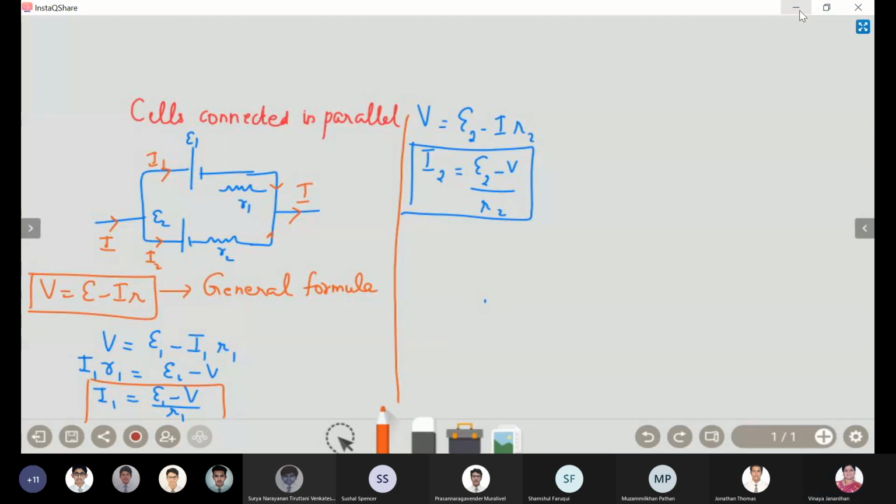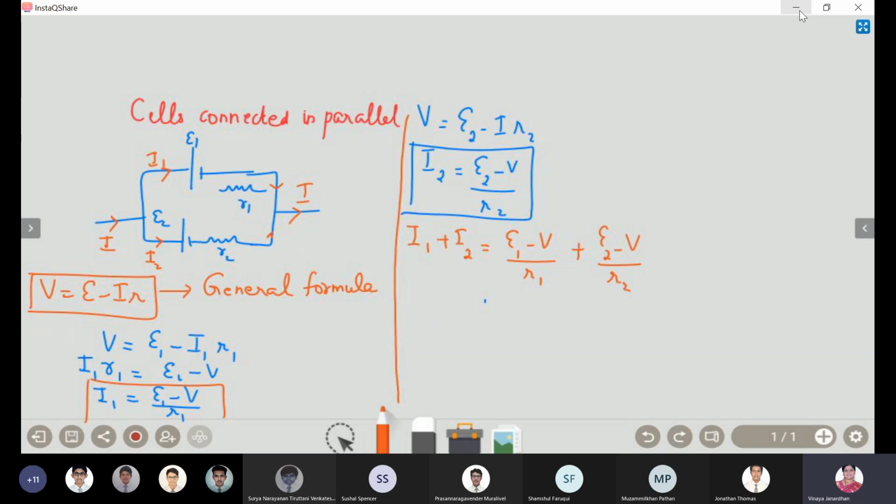Dheeraj? Yes, ma'am. Now let me know what is I1 plus I2. What should I write? E1 minus V divided by R1 plus E2 minus V divided by R2.